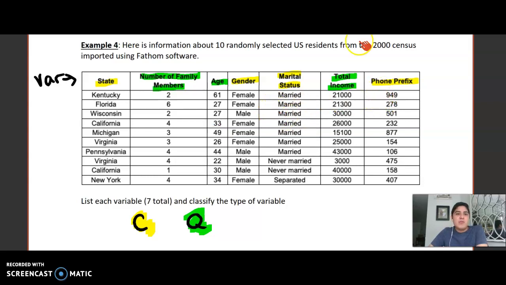The ones you need to watch out for are like area code, zip code, flight number, because even though those are numeric and you might be tempted to say quantitative, I can't take the average area code. That number actually corresponds to a location, typically, and locations are going to be categorical data.